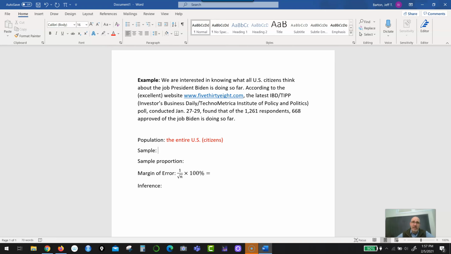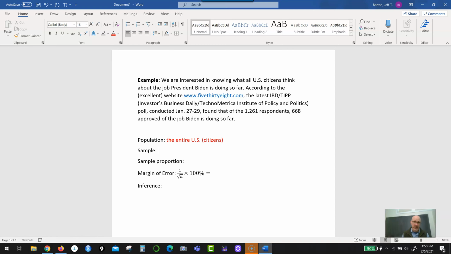And when that happens, when the population is too big to ask because it's too expensive or just too infeasible, what we have to do is be content with taking a representative subset of that population, which is called the sample.